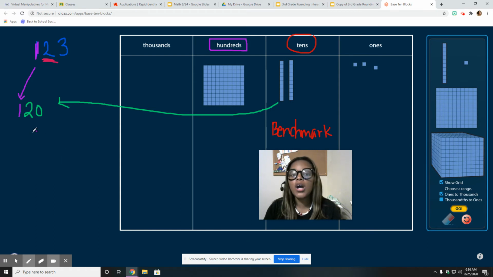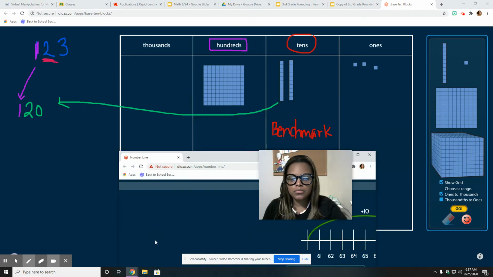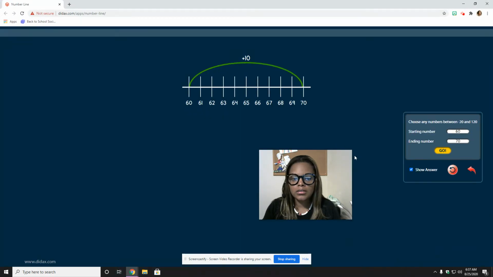And then we count by tens to get the next benchmark number. So if we jumped 10 spaces to the right on a number line, we would get what number?